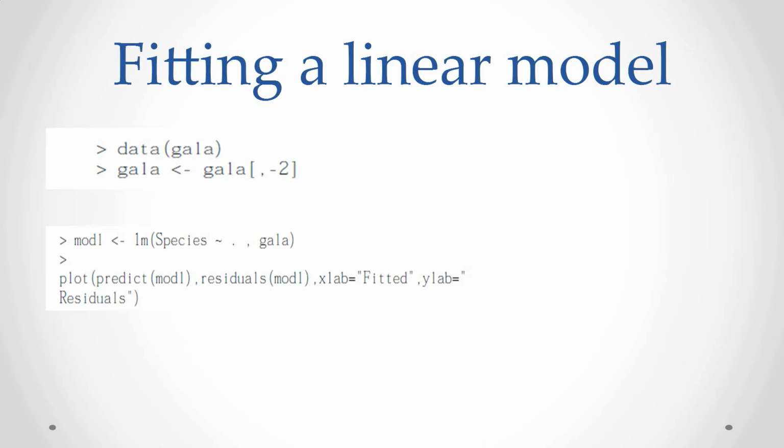We then fit a regression of species on all other variables, and we ask R to plot the residuals from this model. So plot predict L mod, residuals L mod will give us a plot of the fitted values against the residuals.